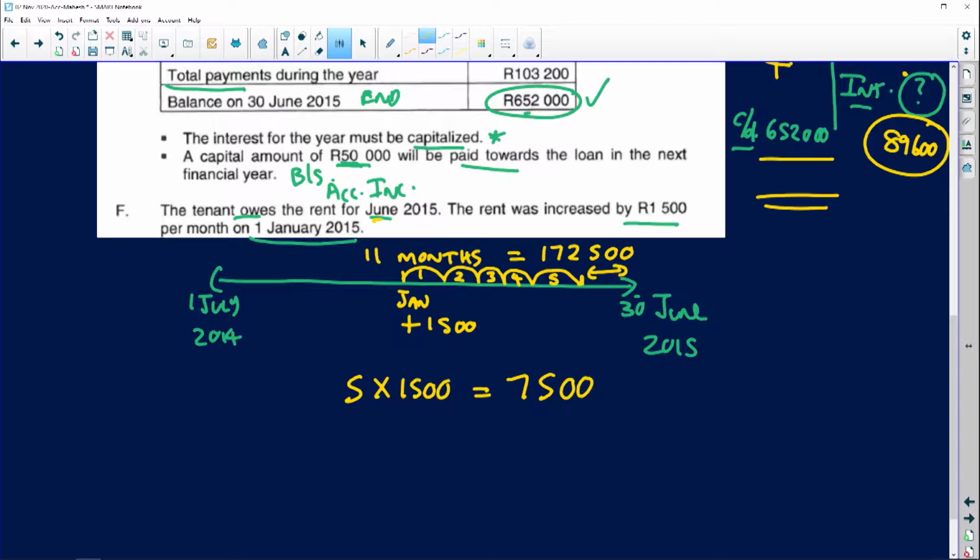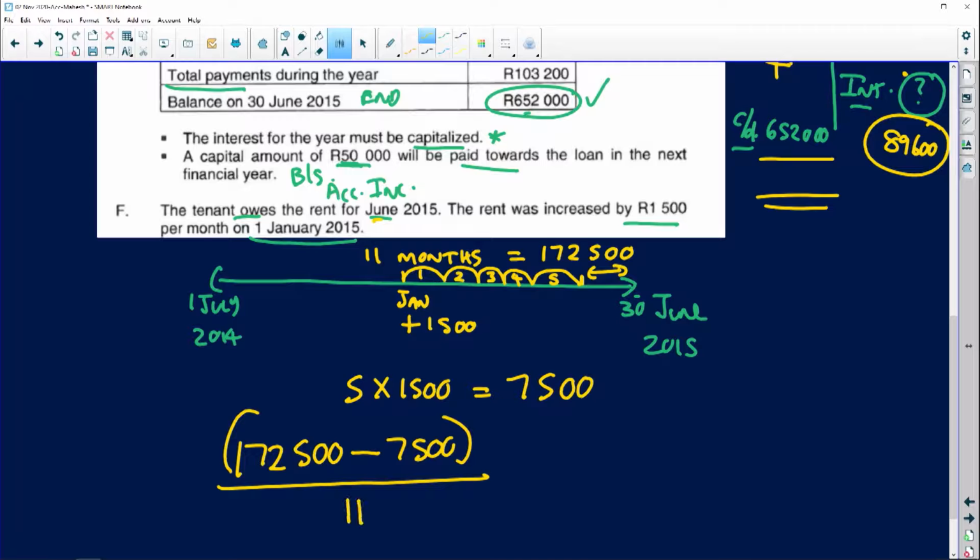Okay, all we've got to do is take our total rent received, 172,500 minus 7,500, right? And that will give us obviously the rent before the increase, and we're going to divide this by 11. So that should give us our old rent before the increase, because as you can see, I've clearly subtracted the increase.